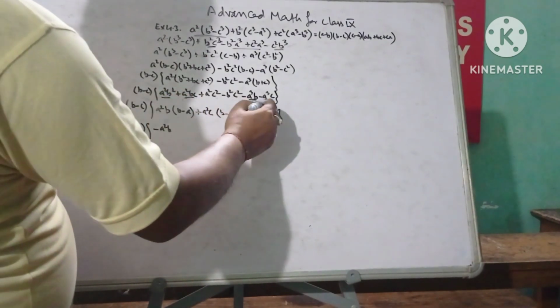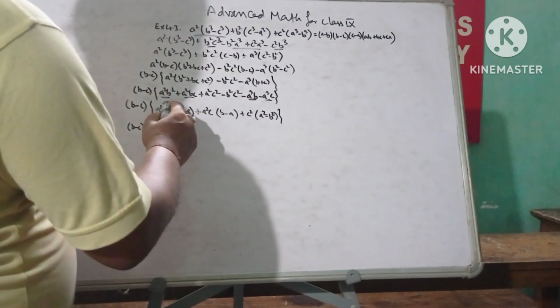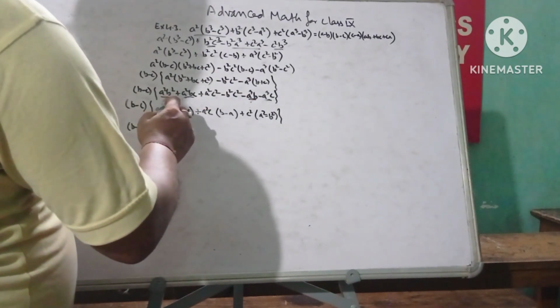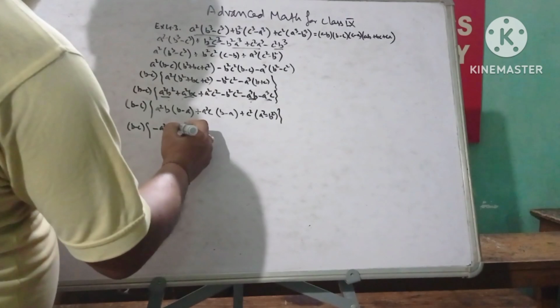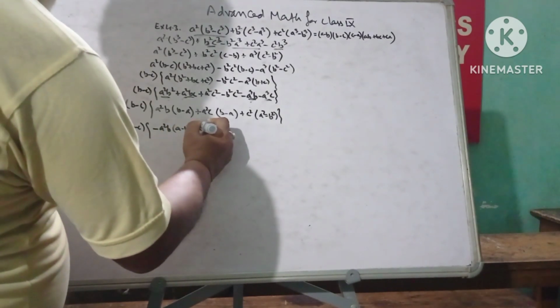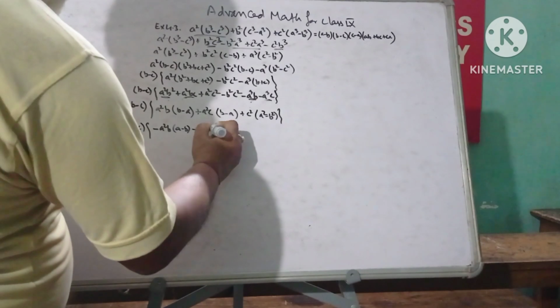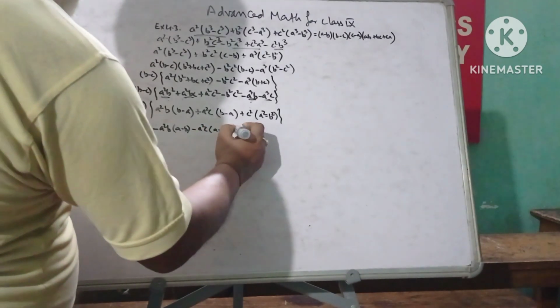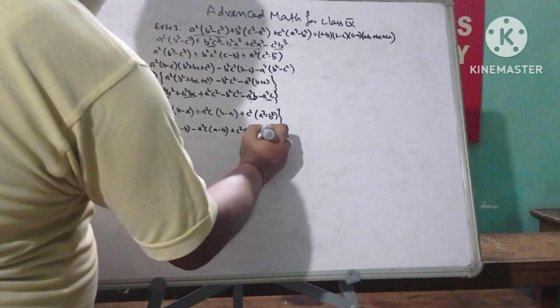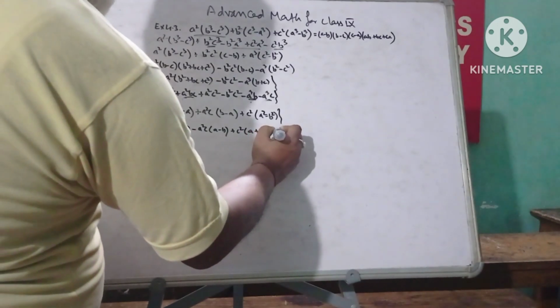this and this and which one term? This one. So b, so this will be a minus b, again minus a square c common, this will be a minus b, and here this c square a plus b and a minus b.